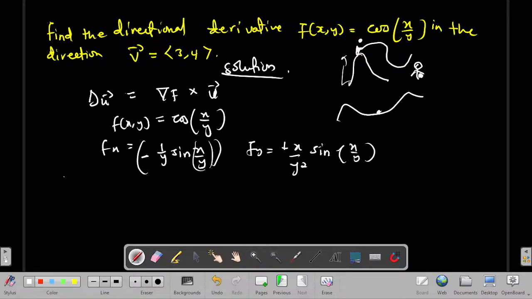Therefore, my gradient function is a vector with negative 1 over x, comma, x over y squared.